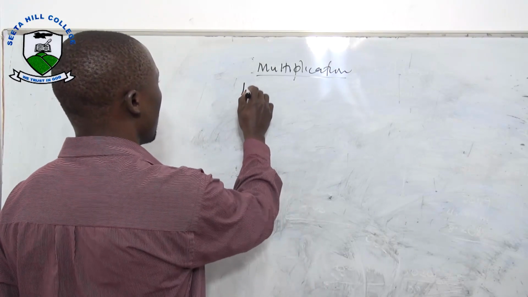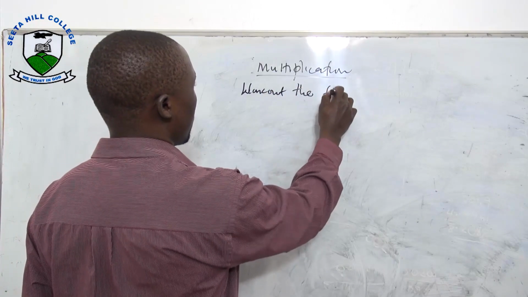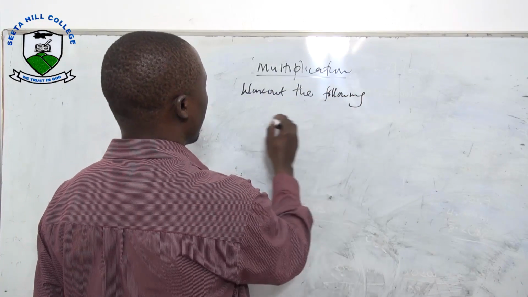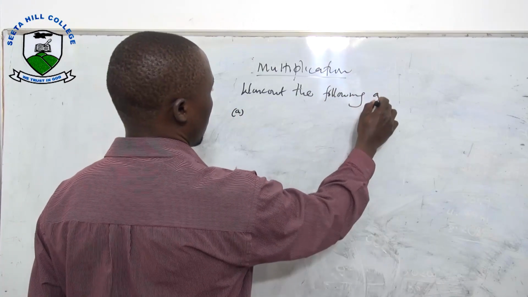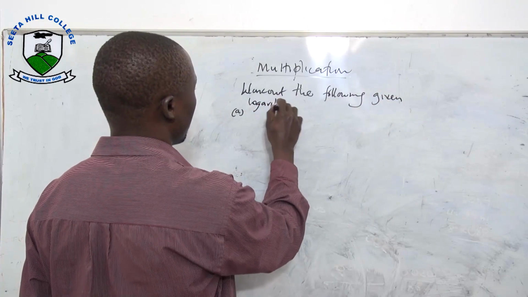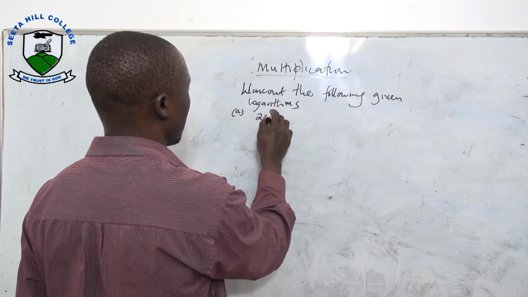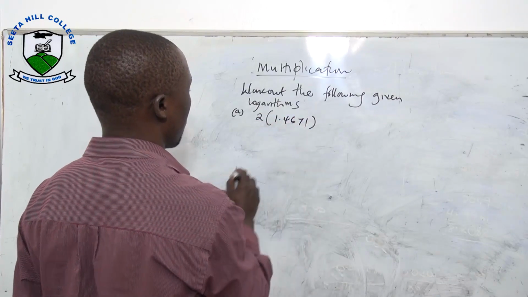So work out the following given logarithms. Given what? Logarithm. That's 2 times 1.4671.